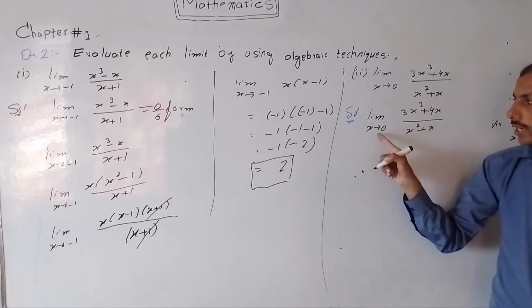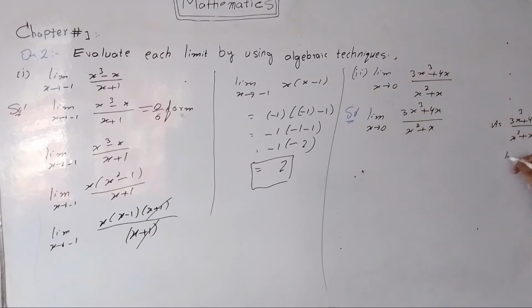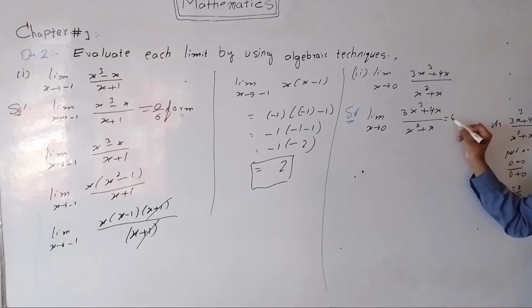If we put x equal to 0, so 0 plus 0 divided by 0 square plus 0, which is equal to 0 by 0 form.